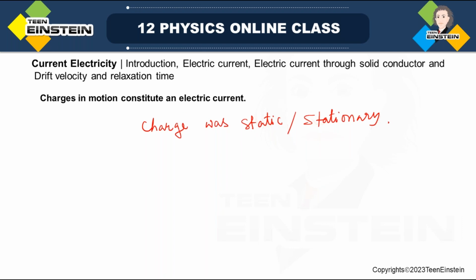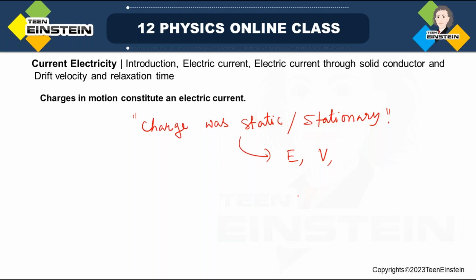So this was the topic electrostatics, where charge was stationary or static. In this case, what we have learned? We have learned electric field created by stationary charges, potential created by stationary charges, forces that act between them, etc., and many more things.